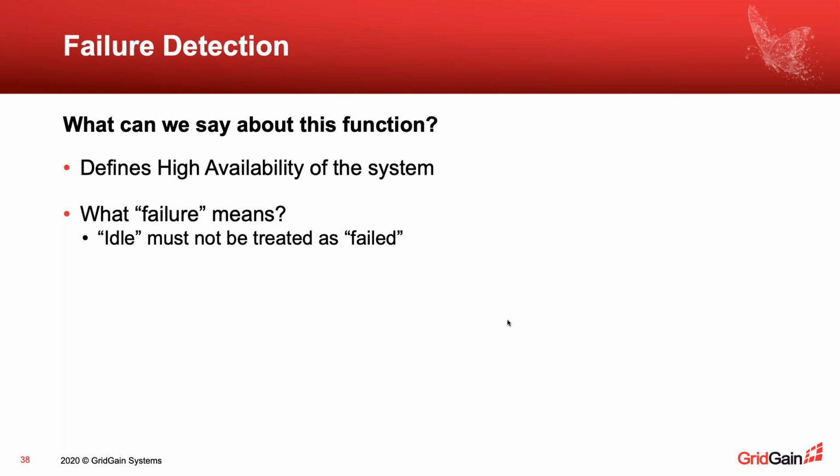If a node doesn't do anything, it could just be idle and ready to process requests, and we don't need to just kick it out of the cluster as failed. But the notion of network reachability, being able to send messages to a node and hear from the node back, this notion is actually correct, and a failure in a distributed system is normally attributed to network reachability.